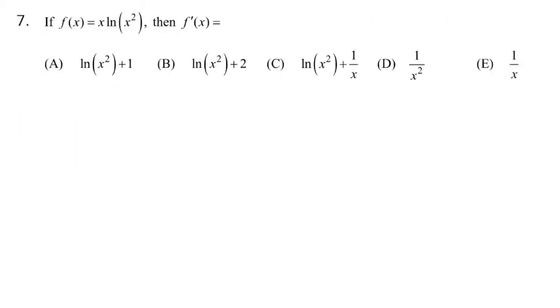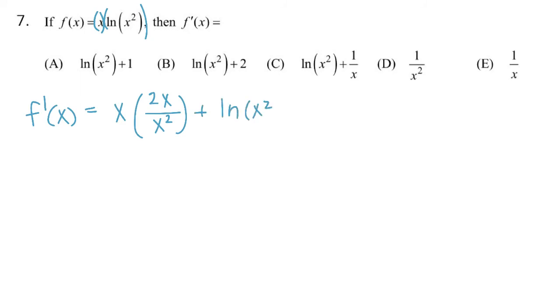Right, number 7, we are looking for the derivative here, and we need our product rule. This is the product of two things going on here: we have x times the natural log of x squared. So product rule, we have f prime at x is going to be equal to the first times the derivative of the second, and the derivative of the second is stuff prime over stuff, and then plus the second times the derivative of the first, which is just 1.